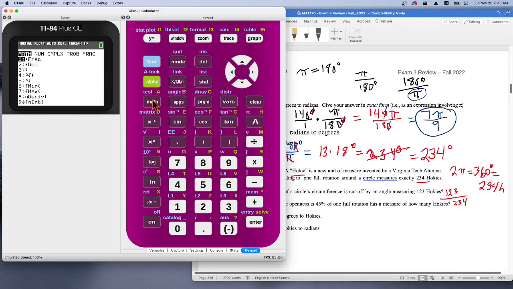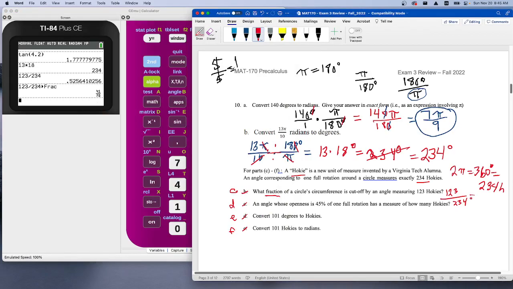Let's make sure that works. Oh, 41 out of 78. So there's a nice way to reduce. I think 3 can probably go into both of those, and maybe 6. Anyway, for reducing, I just use the technology on something like that.